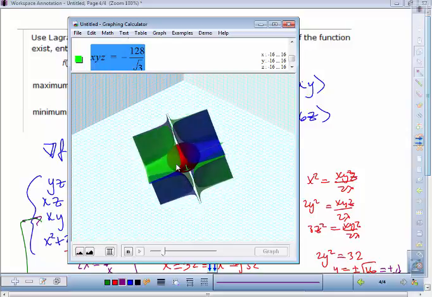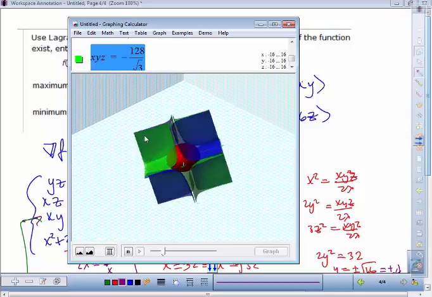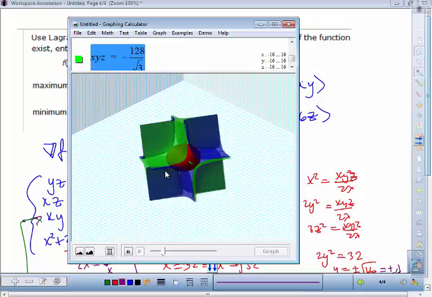Now, you can't visually see the maximums and minimums here because the maximums and minimums are in the fourth dimension, right? But you can see those places where there are a maximum and a minimum.